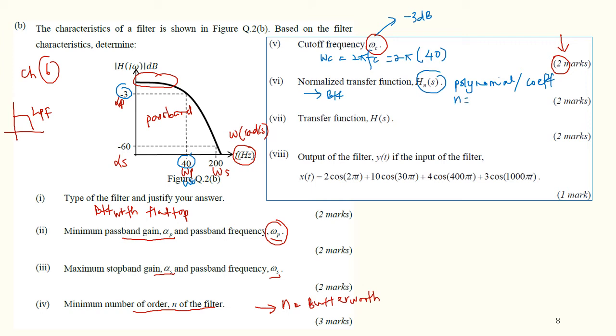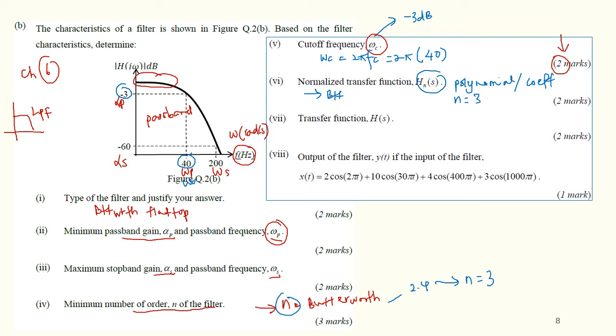Don't forget in n you need to round your answer to the next higher whole number. For example, if you got n equal to 2.4, your n will be 3. So to write the normalized transfer function, we should consider n equal to 3, not 2 or 2.4.